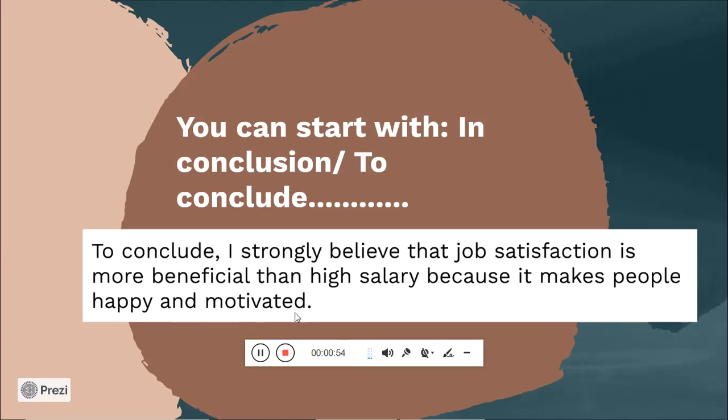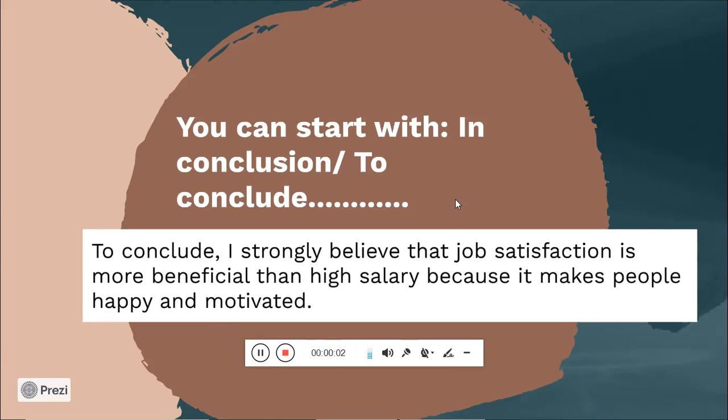And motivated summarizes the second reason. So in the conclusion, I summarized my opinion, the one above, then the first reason, like the word happy, and the second reason, like the word motivated.